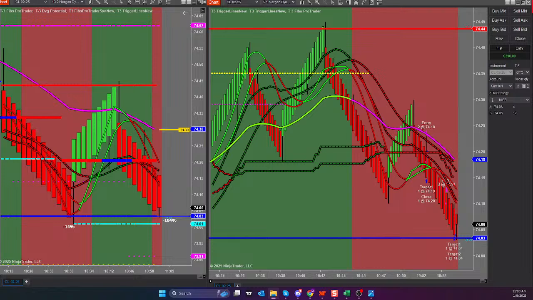Desktop. Hold on. Maybe it's not done downloading. All right, I think it still has to download. It's a pretty big file, so we'll play it.